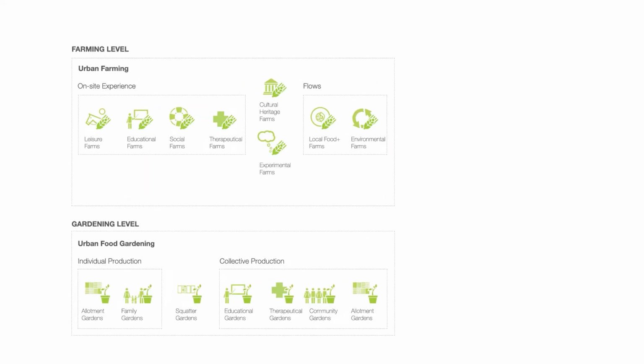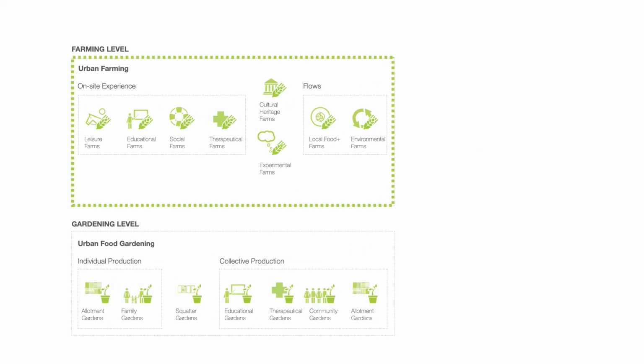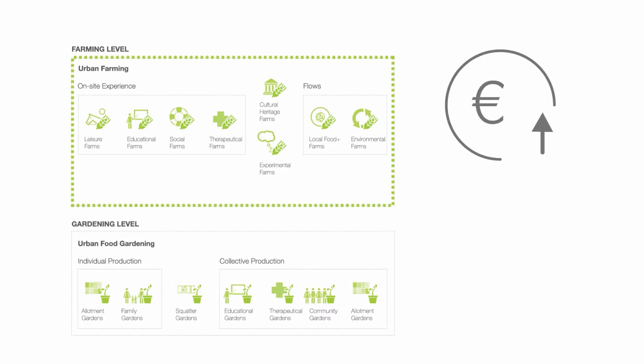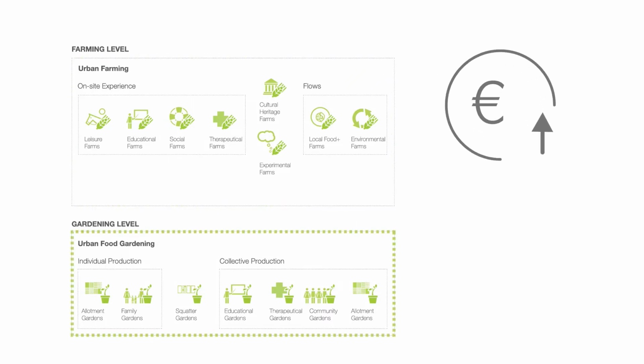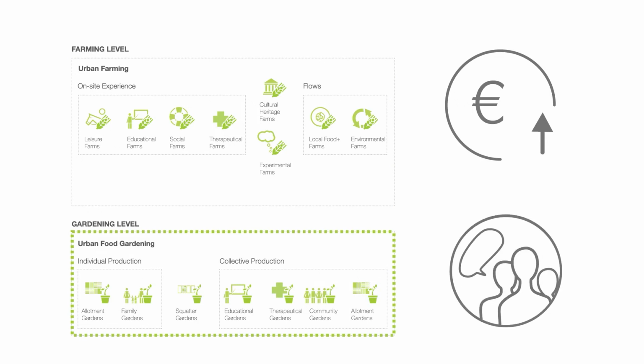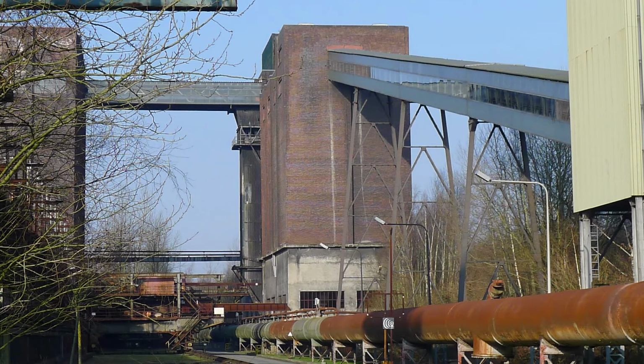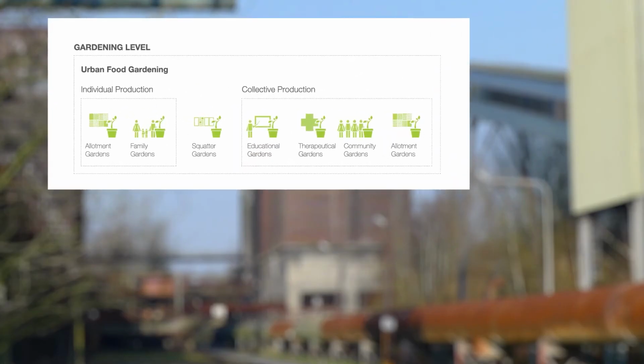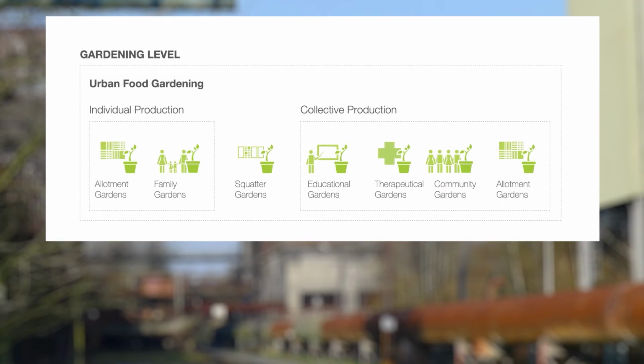One distinction is between urban farming and urban gardening. While urban farming is mainly profit-oriented, based on professional business models, urban food gardening is more socially oriented, benefiting local communities. In post-industrial regeneration, food production in urban gardens can play a major role in reconnecting urban dwellers to their environment.